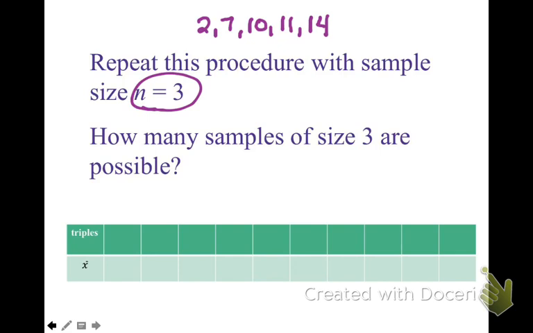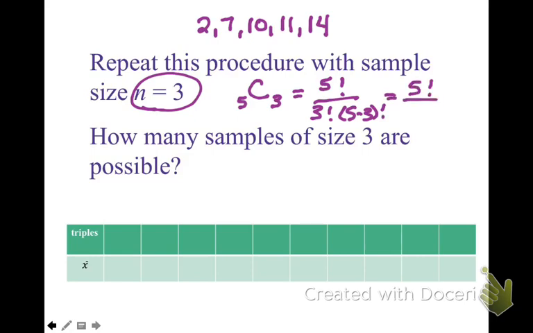We're going to pick all the possible samples, in other words, all the combinations from these 5 fish chosen 3 at a time. So again, this is 5 factorial over 3 factorial times (5 minus 3) factorial, which is 2 factorial, so there are going to be 10 possible samples of size n equals 3 that we could pull from this population of fish.